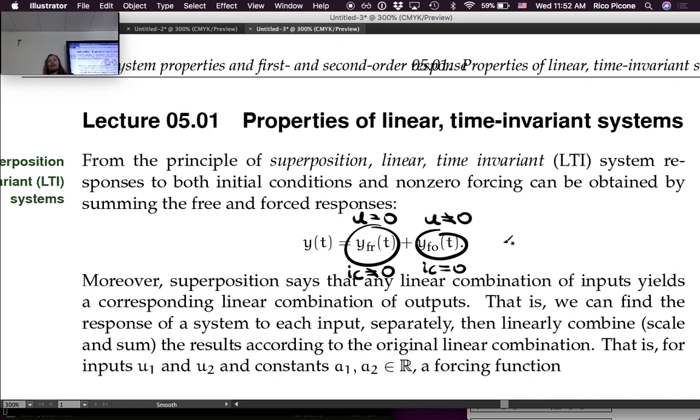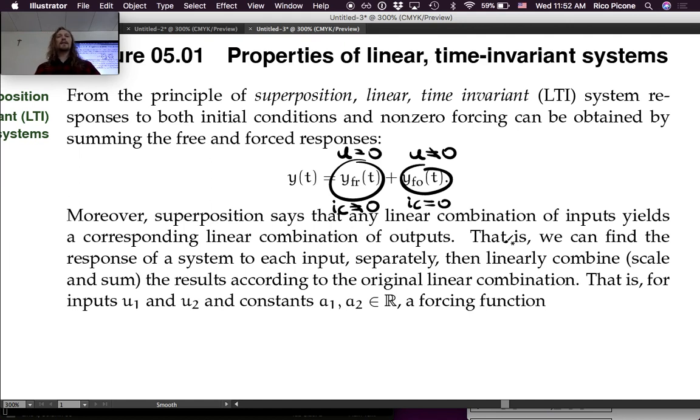Awesome. Superposition also says that any linear combination of inputs yields a corresponding linear combination of outputs. That is, we can find the response of a system to each input separately, then linearly combine, which means scale and sum, the results according to the original linear combination.